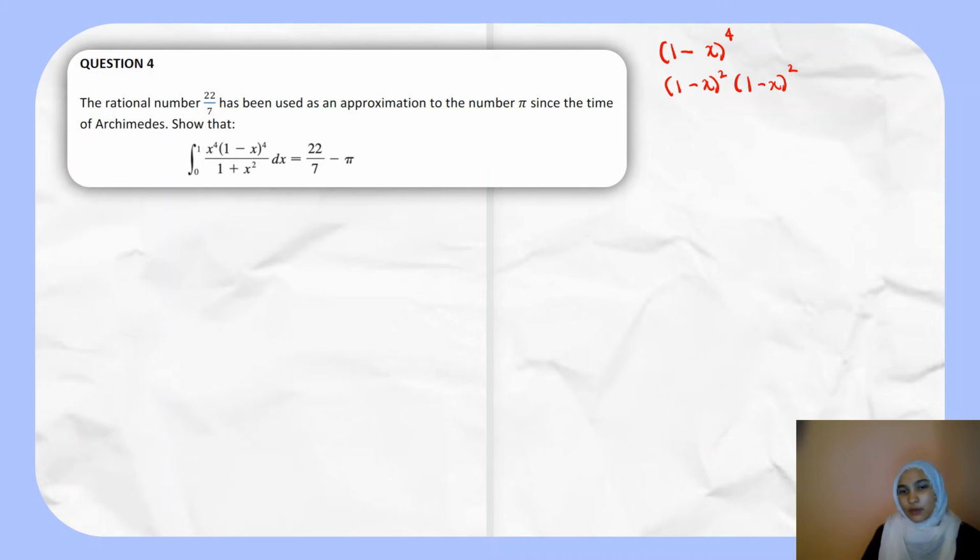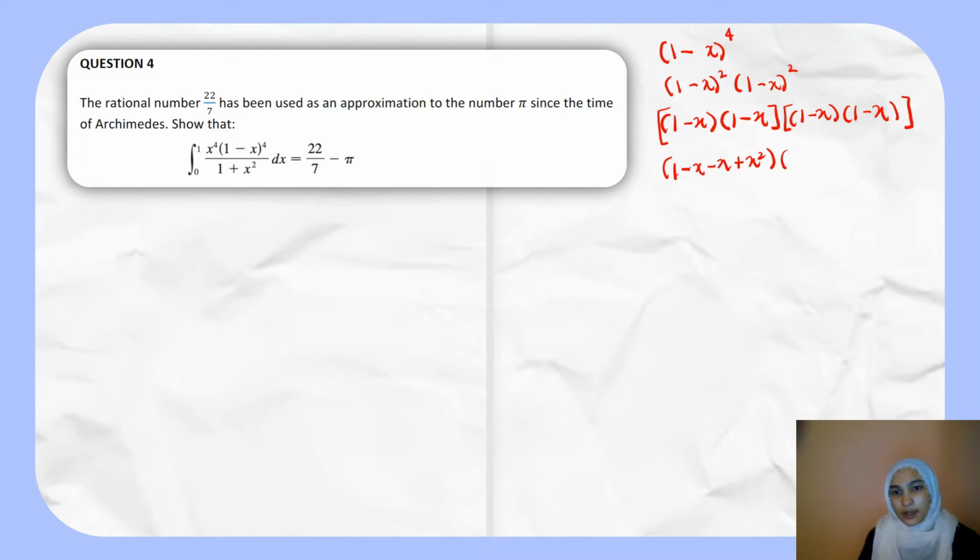It also can be written as 1 minus x, 1 minus x. Repeat the same thing, 1 minus x, 1 minus x. So when you expand, you will get 1 minus x plus x squared, and 1 minus x plus x squared. Then expand again.